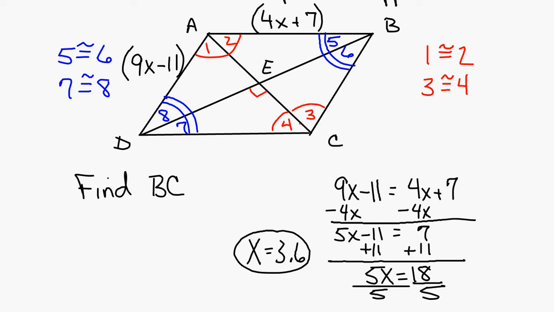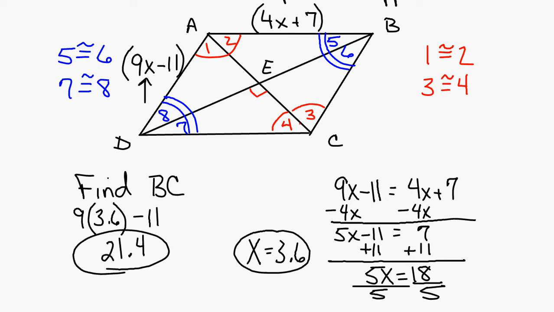If x is equal to 3.6 and you're trying to find out how far it is from B to C, you can substitute it. So you can take 9 times 3.6 and subtract 11 from it. 21.4. And so B to C would be equal to 21.4. All the sides in this case would be equal to 21.4.